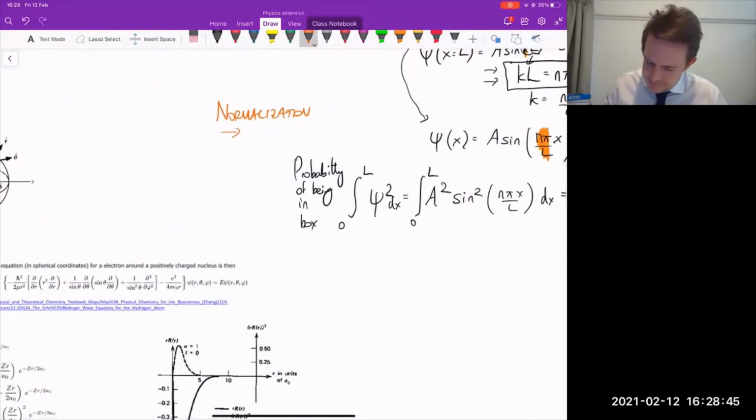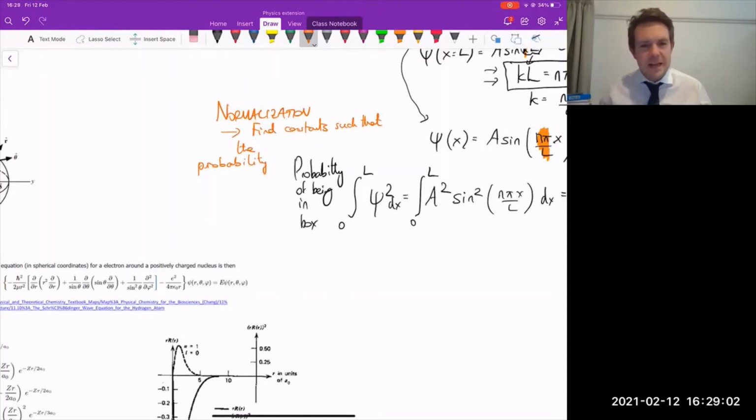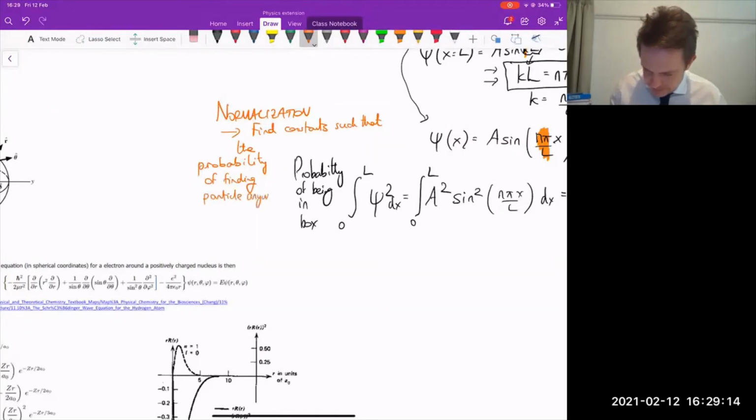So normalization: find constants such that the probability of finding the particle anywhere is 1. That's kind of physical, common sense intuition that makes that a must. Probability of finding the particle anywhere is 1. Right, we need that.